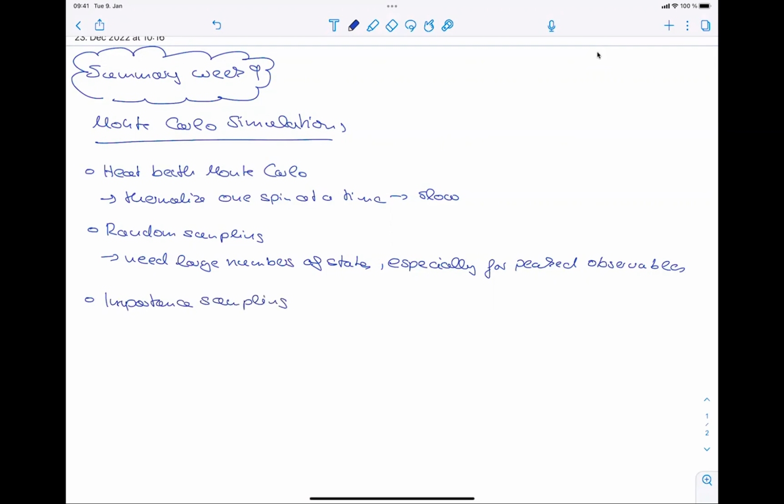And the idea of importance sampling is that we calculate the average of an observable A by sampling n different configurations and measuring the property A_i in these configurations.